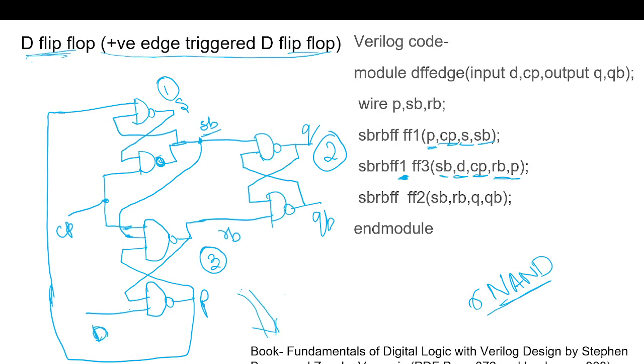The next question is, what is the main difference between the latch and the flip-flop? If I say latch, I mean it will be transparent at either the negative level or the positive level, or it will be sensitive to both levels. So it is level sensitive.